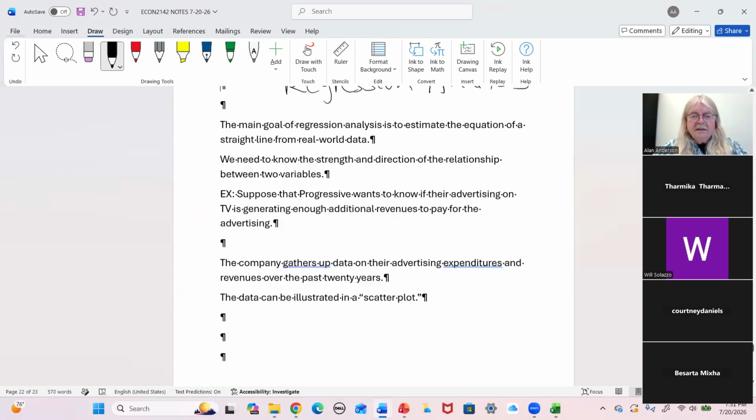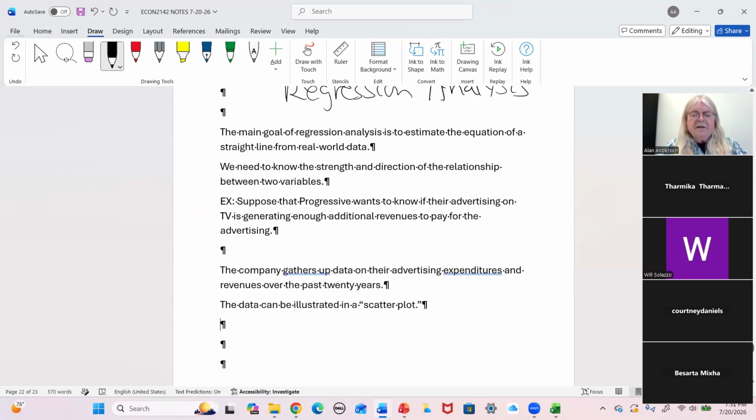We assume, let's make a note of this here, we assume that sales revenues depend on advertising spending and not the other way around.